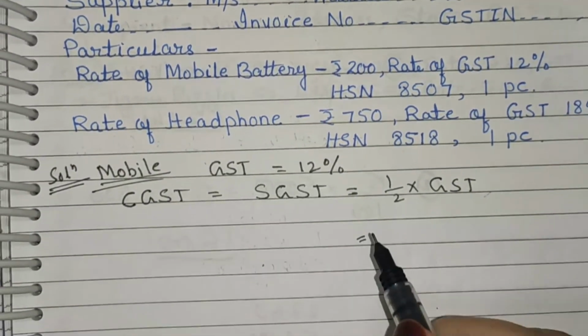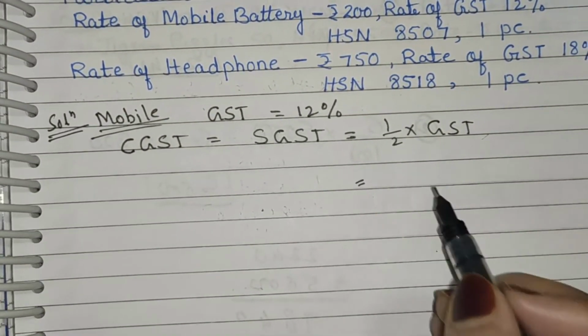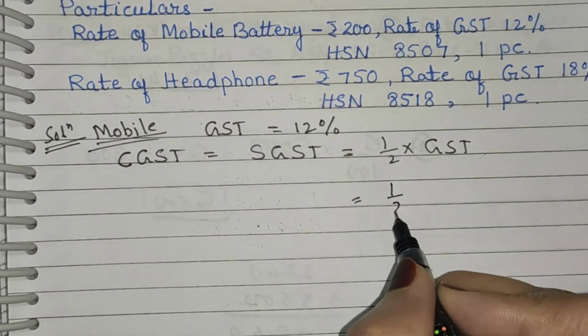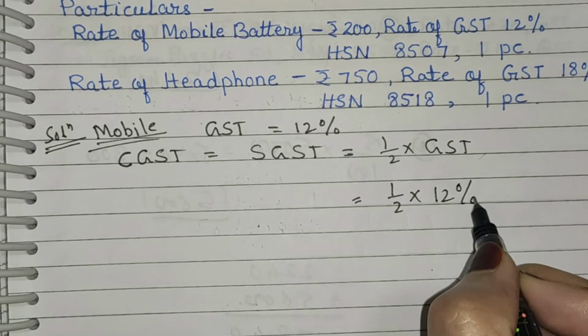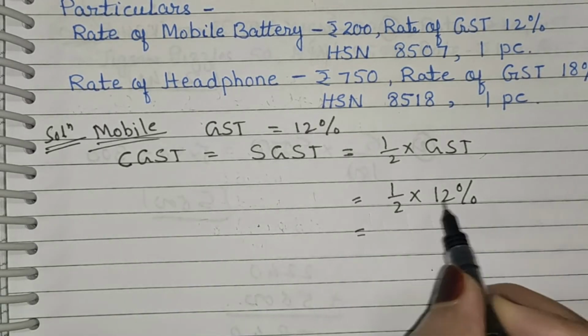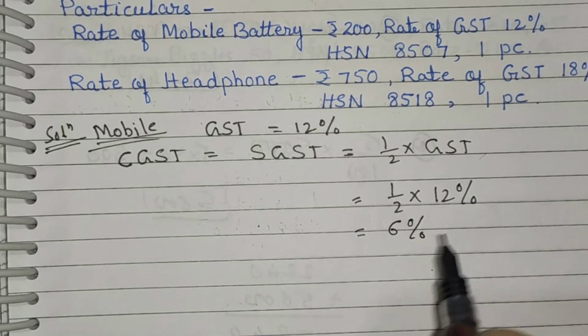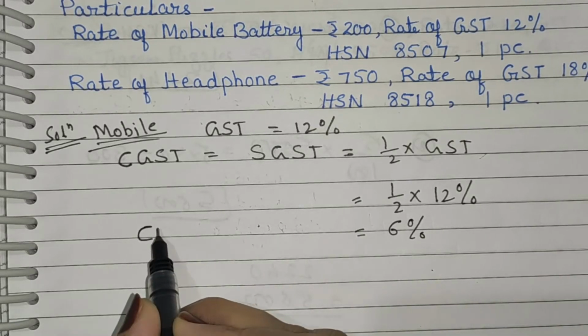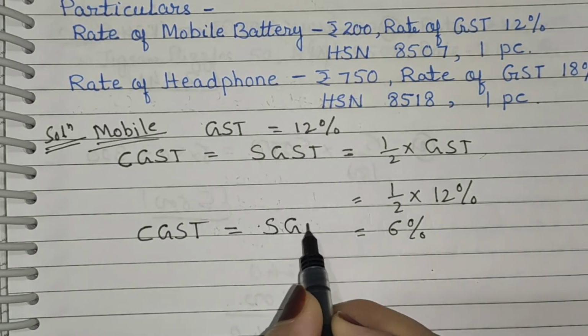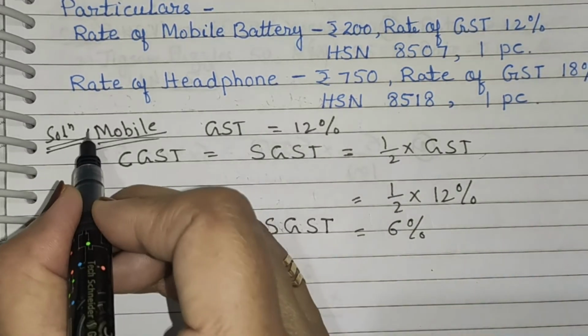Now solve it. We get half of 12%. Now percent of CGST and SGST is equal to 2 6s are 12, 6%. It is the rate of CGST as well as rate of SGST of mobile first.